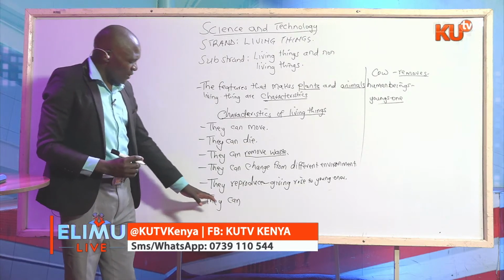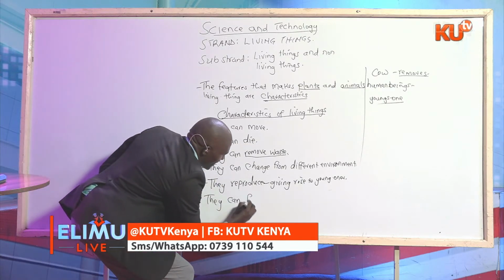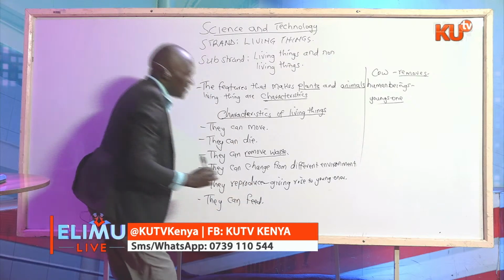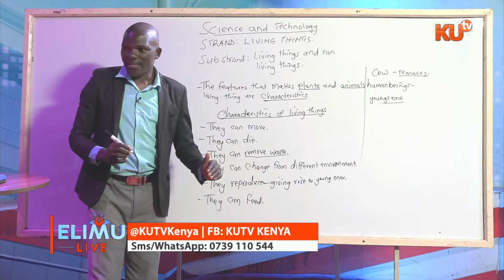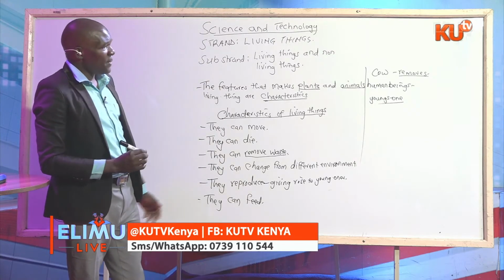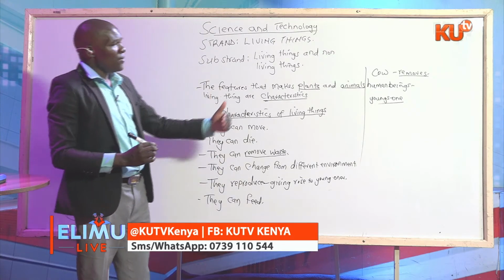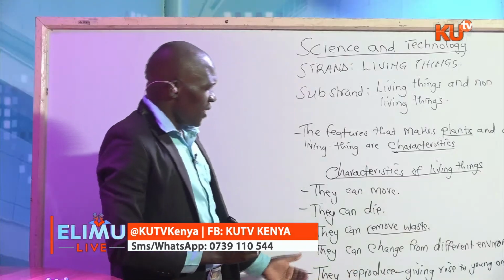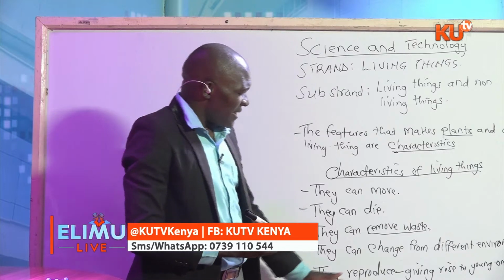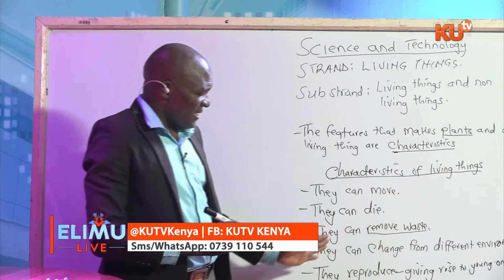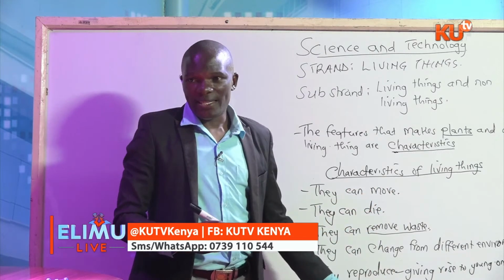You should also know that they can feed. Living things have the ability to feed themselves. For example, you will find a cow eating grass. You will also find human beings eating various food. So these living things are able to feed.